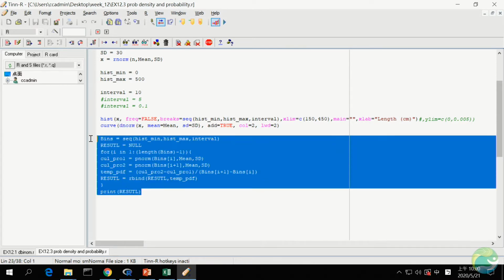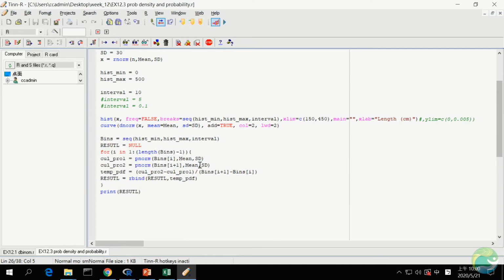Here, you can do it by hand. So you calculate the probability until the first bin, and then the probability until the second bin.